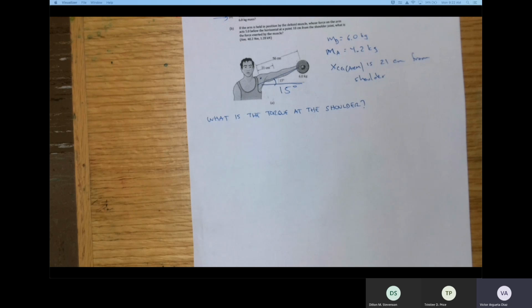No, the force is going to be tilted. And then you can see this angle here, it's going to be 75.